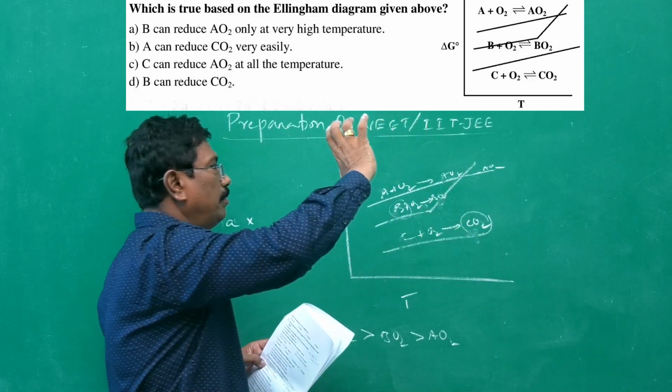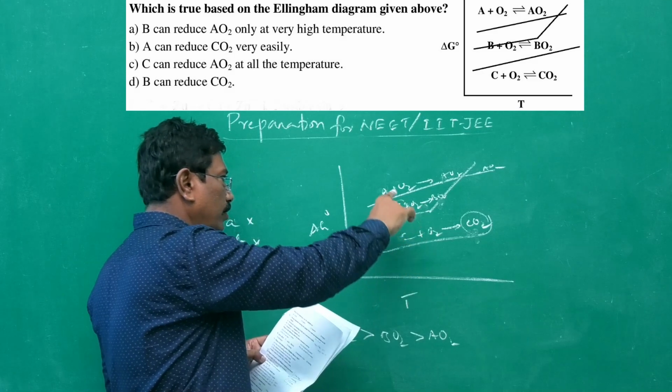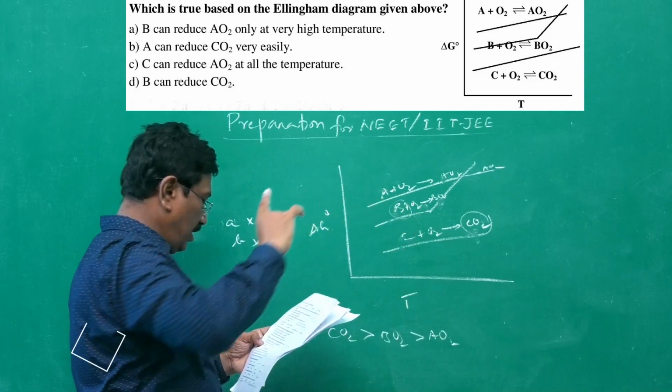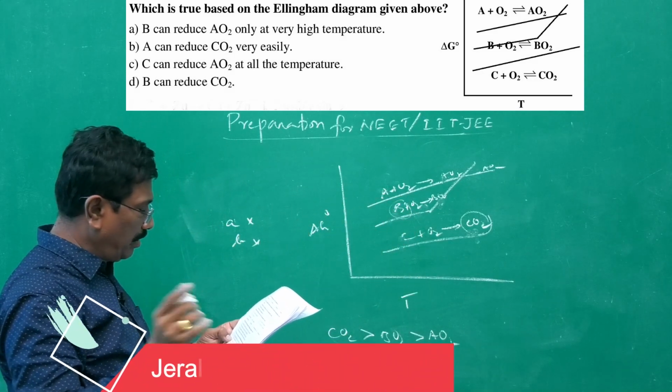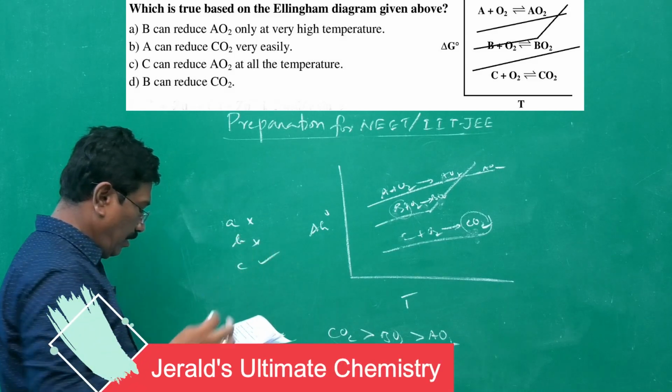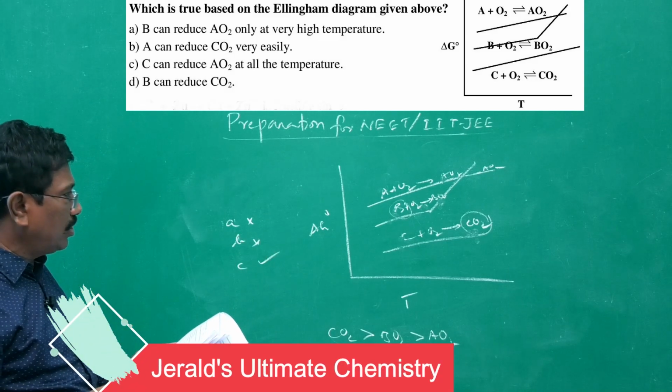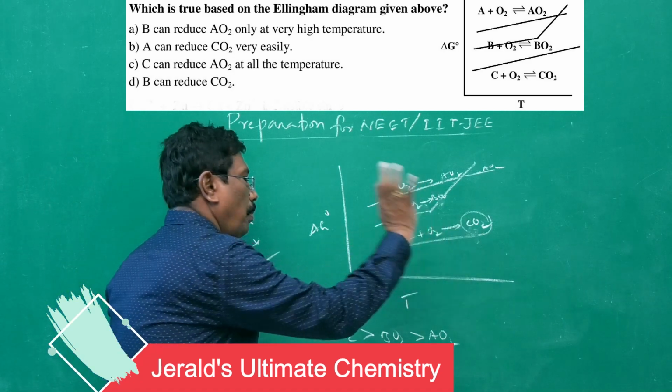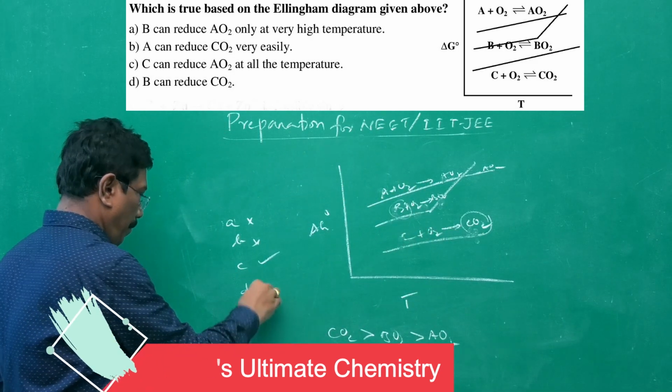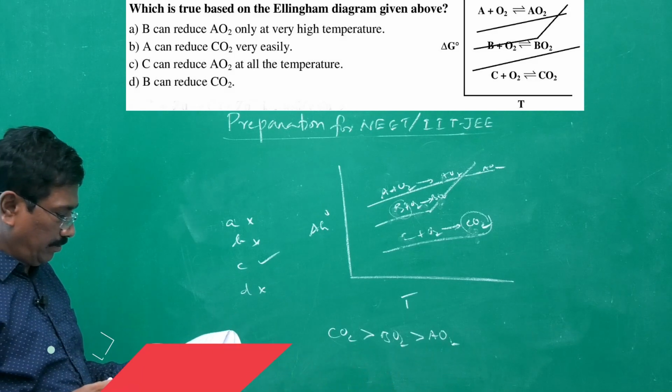CO2 is more stable, and therefore C can reduce both AO2 as well as BO2. C can reduce AO2 at all temperature. It is correct. D, B can reduce CO2. No, it is wrong. So, option C is correct.